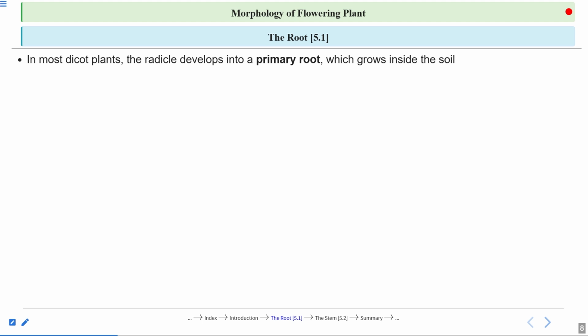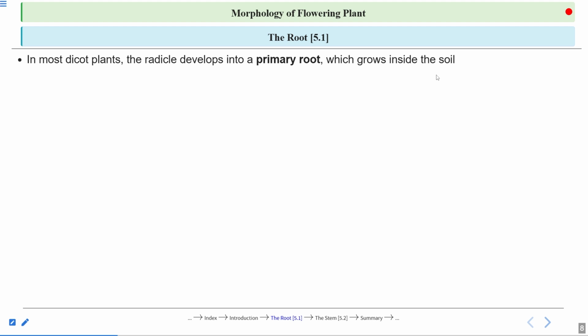If only one single root were there, then that weak plant would not get established in the soil. For example, you can take the example of wheat and rice plants. They have fibrous roots. Coming back to this, in most dicot plants, the radicle develops into the primary root which grows inside the soil.